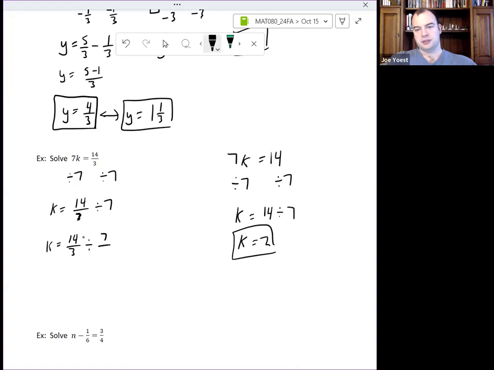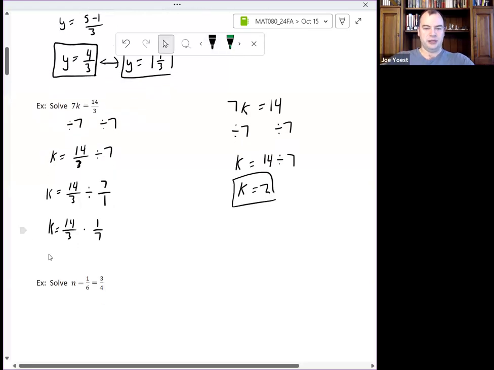Let me rewrite this 7 as a 7 over 1. And I note that I have a fraction divided by a fraction here. How do I handle that? I invert and multiply, or I multiply by the reciprocal. Times 1/7. I know that if I have two fractions multiplied together, I multiply the numerators, I multiply the denominators.